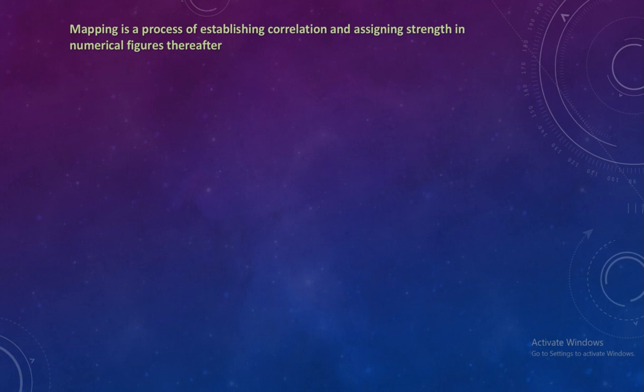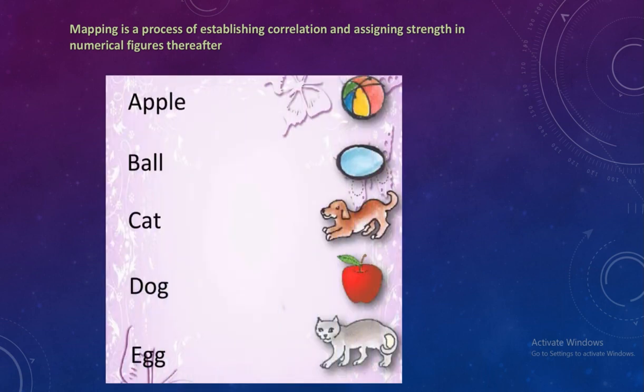So mapping is a thing that we have done in our childhood sufficiently. Just for example, I have given here a simple picture. You see that on one hand there are certain words, and on the right side, there are certain pictures.